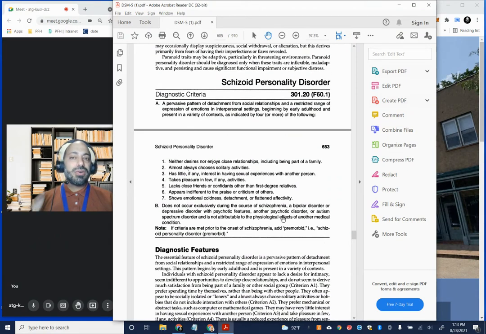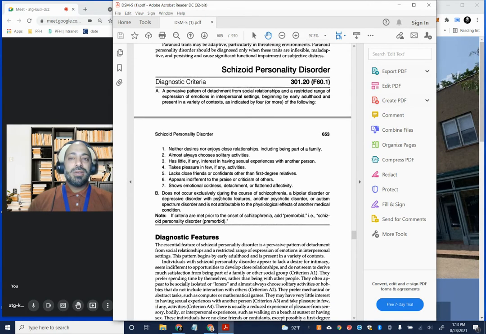The diagnostic criteria here, we've got two main sections. This is code 301.20 or F60.1. You can see an A and B. We're going to read through these and then look into the diagnostic features.